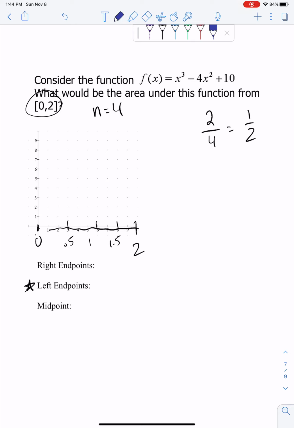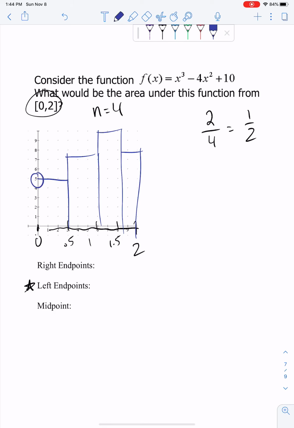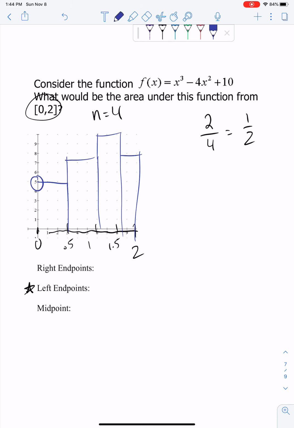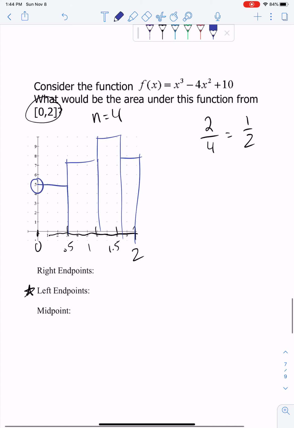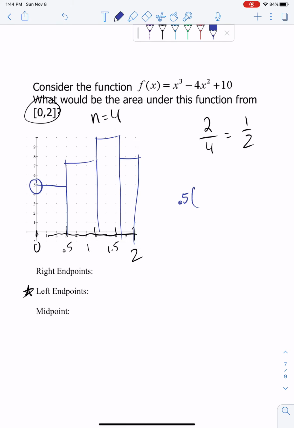So for each of these intervals, and I'm making up my rectangles right now, I just want to see that my left endpoint is going to be based on when my function is equal to 0 for my first one. So it's going to be 0.5 wide, but the height of it is going to be f of 0, right? That's how tall it's going to be. When I plug in a 0, what do I get? The height of that rectangle.